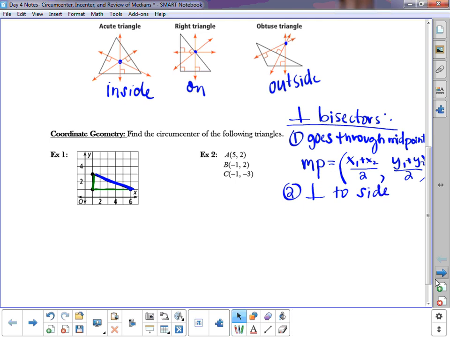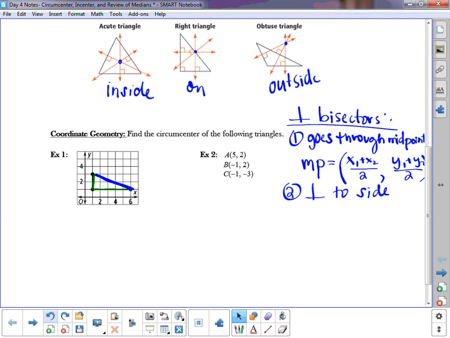Now, for this picture, it's pretty easy to see that the perpendicular is going to be a horizontal line. But say I was trying to find the perpendicular line to my blue side. That's going to be a little bit harder to do. And again, sometimes I don't have a picture, I only have coordinates. So what do I know about two lines that are perpendicular? In the world of algebra, what do I know about those two lines?